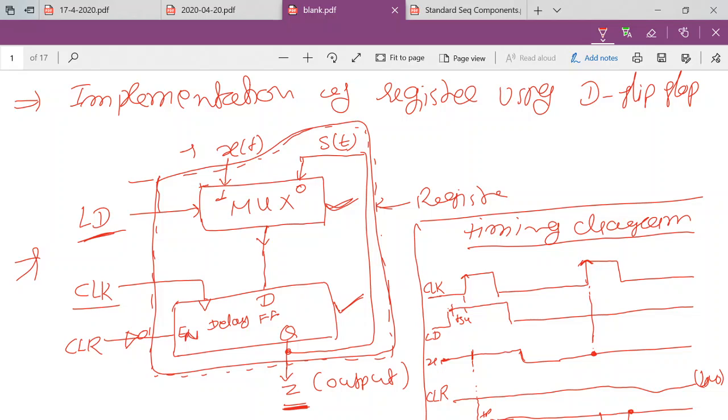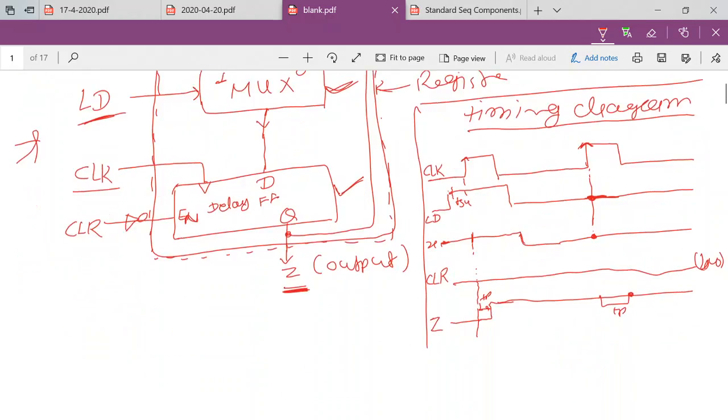Because at this moment LD is low. So the output will not change, or you can say the input will not be loaded, so whatever Z was will remain, so that's why it remains high. Fine. So this is what the timing diagram would look like for a register.